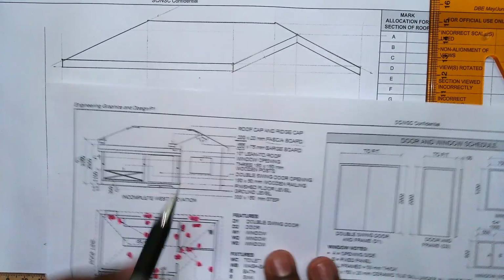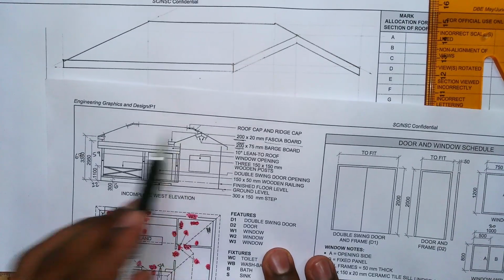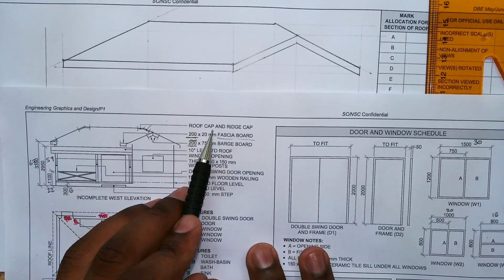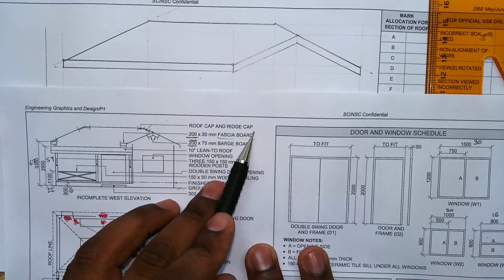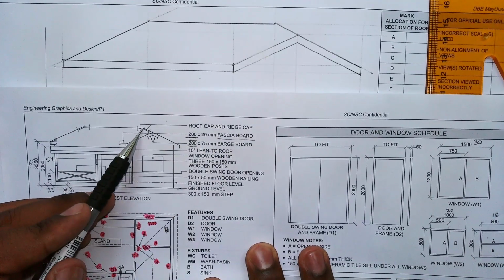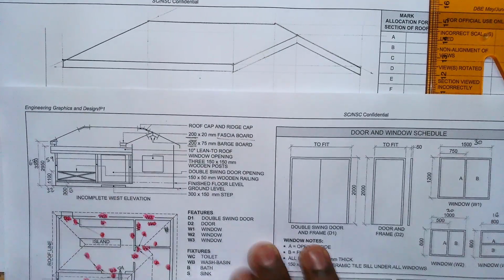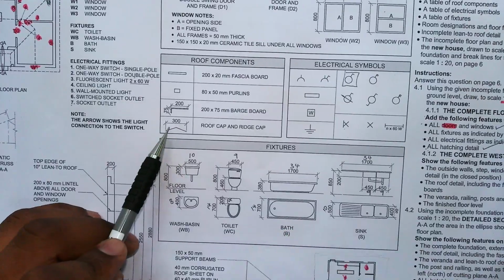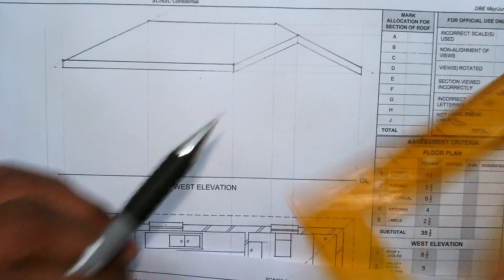If you check, I still have those sections, right? And those are the roof caps and ridge cap, right? So I'll have to draw them in. Okay, so we are given the dimension there, which is 300 divided by 50. It's how much? It's 6.